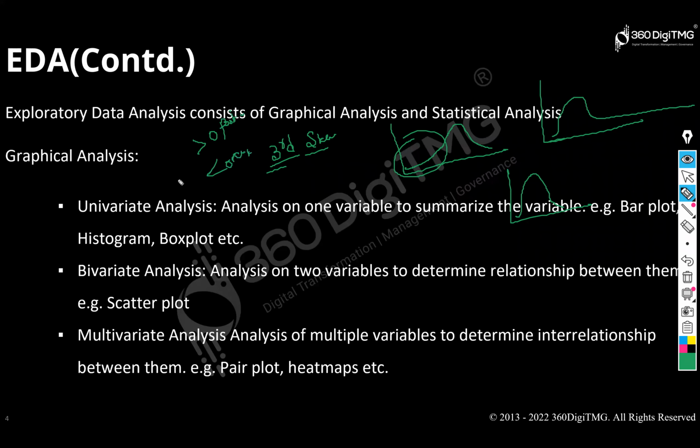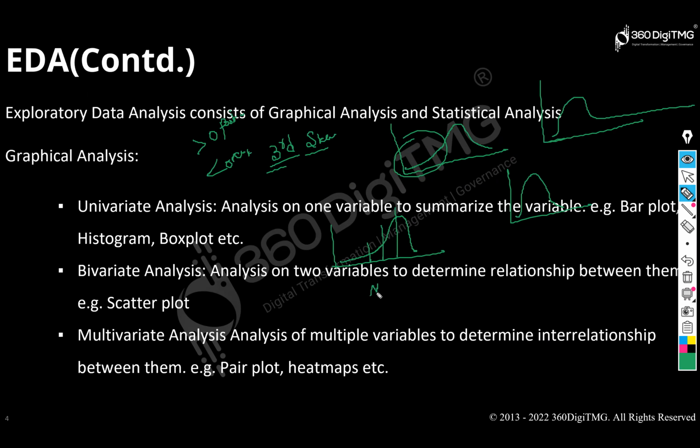Now the question is, while negative skewed, which will come first, mean, median or mode? Mean. Perfect. In positive skewness, mode will come first. So mode is greater, median is less than mean, right? So in negative skewness, mean will be here, median will be here, mode will be here.